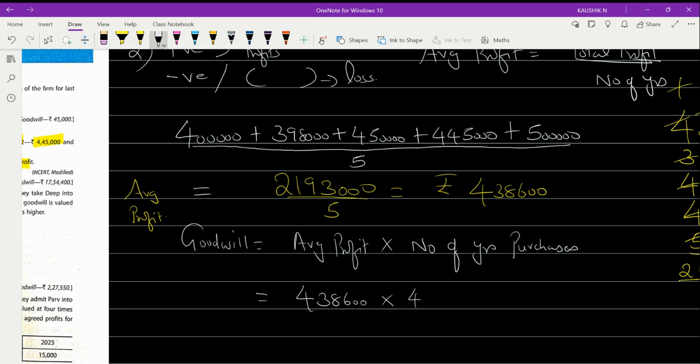Yes, sir. Okay. So this will give you what value? 4 lakh 38,600. If you multiply this with 4, what amount will you get? Let me know. Calculate and tell me.